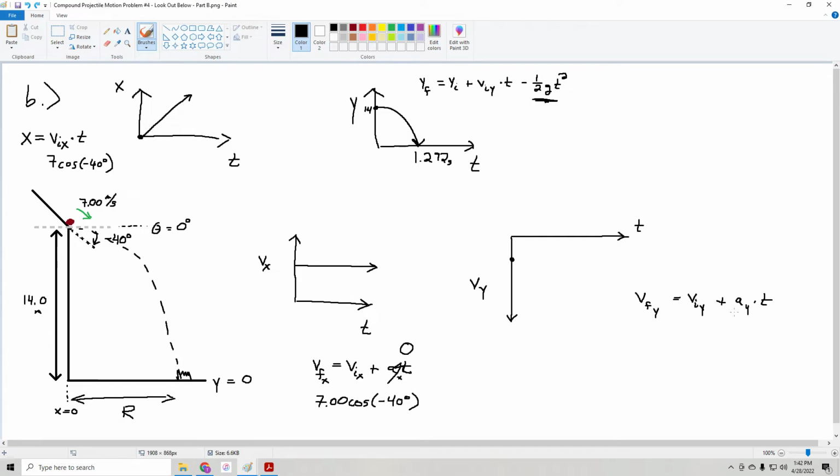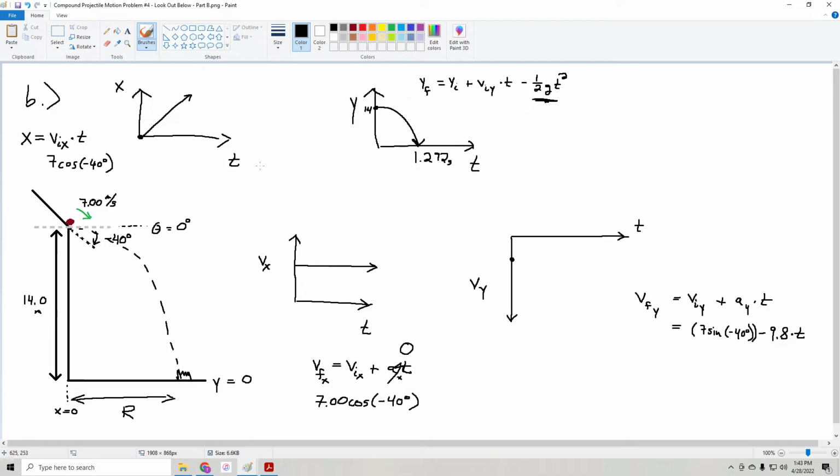So since we have a negative number, 7 sine negative 40, and we have minus 9.8 meters per second squared times time, this means that we are starting with an initial negative number, and as time goes on, we're only subtracting more and more from that number.